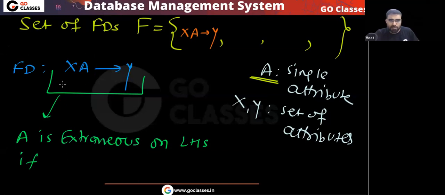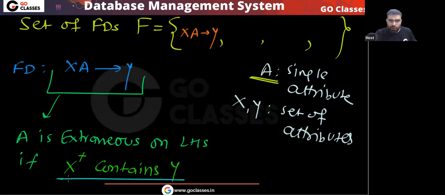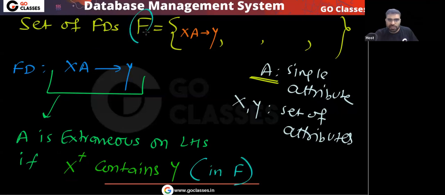This attribute is extra on the LHS if you find X plus and X plus contains Y. And this you need to do in F, that is the given FD set. Is this clear? Very simple.